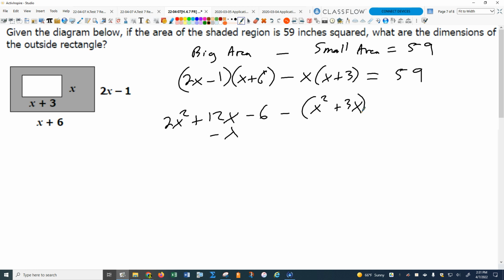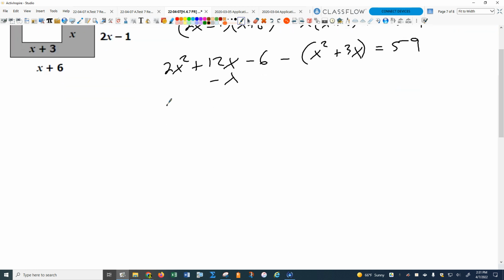Subtracting the whole thing. Everybody agree? Okay, equals 59. Well, that gives me 2x squared plus 11x minus 6 minus x squared minus 3x equals 59.